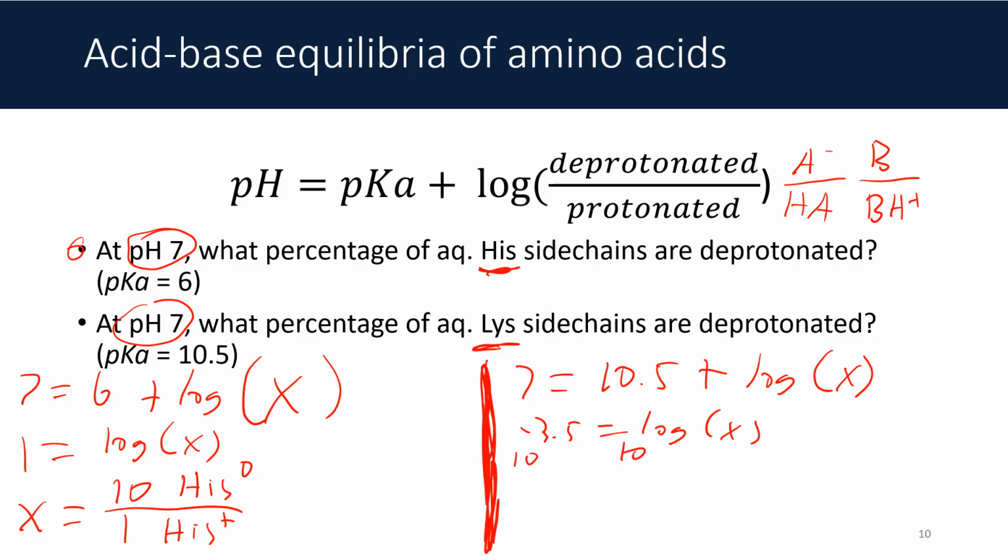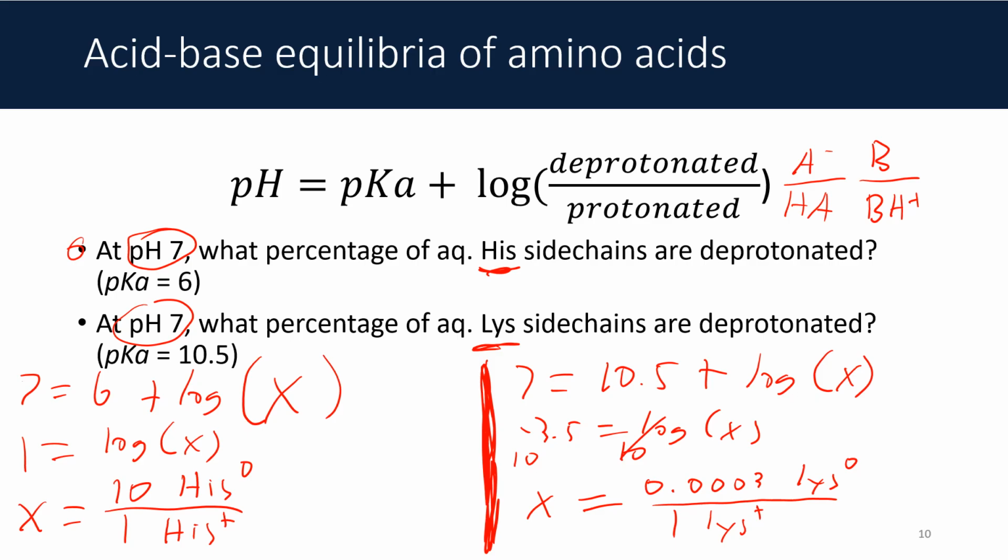Put everything to the power of 10, and that should equal about x equals 0.0003 lysines with a neutral side chain for every 1 lysine that has a protonated, positively charged side chain that had undergone the acid-base reaction.